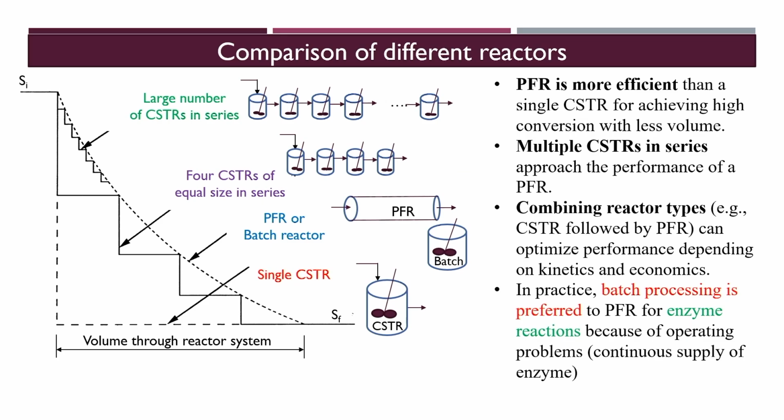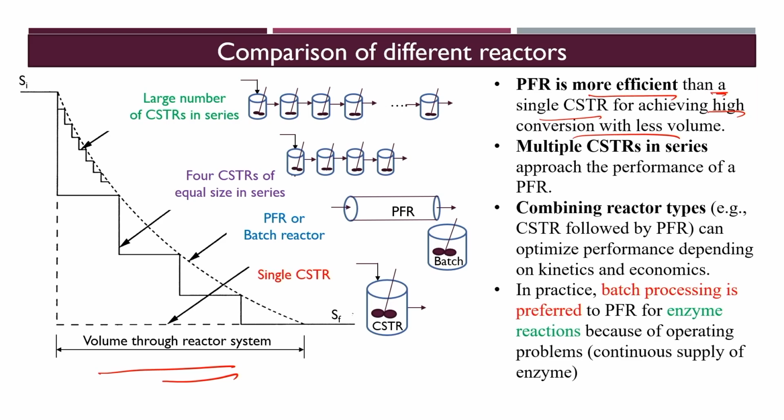Now, here we can see how the substrate profile changes with Si to Sf and what is the volume of the reactor. So, if you see quickly, PFR is more efficient than a single stage CSTR to achieve high conversion with less volume.